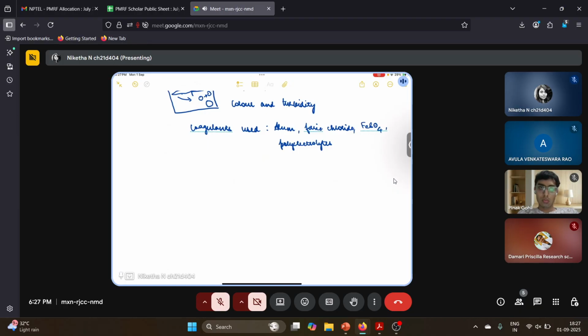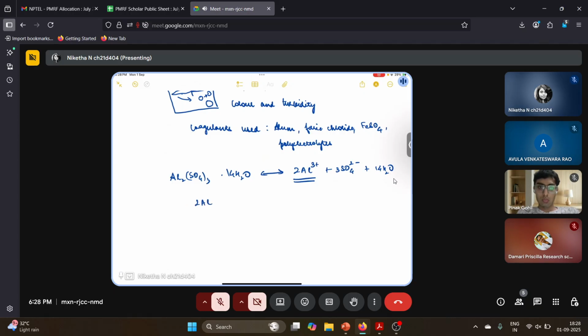So usually when we add alum, alum is Al2(SO4)3·14H2O. So when we add alum to water, this reaction happens. So it gives out 3Al3+. So this Al3+ is in the form of aluminum hydroxide.